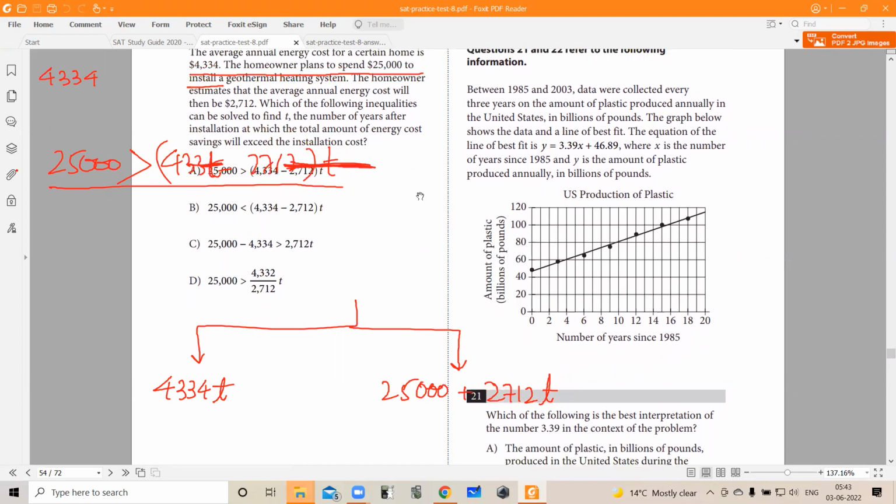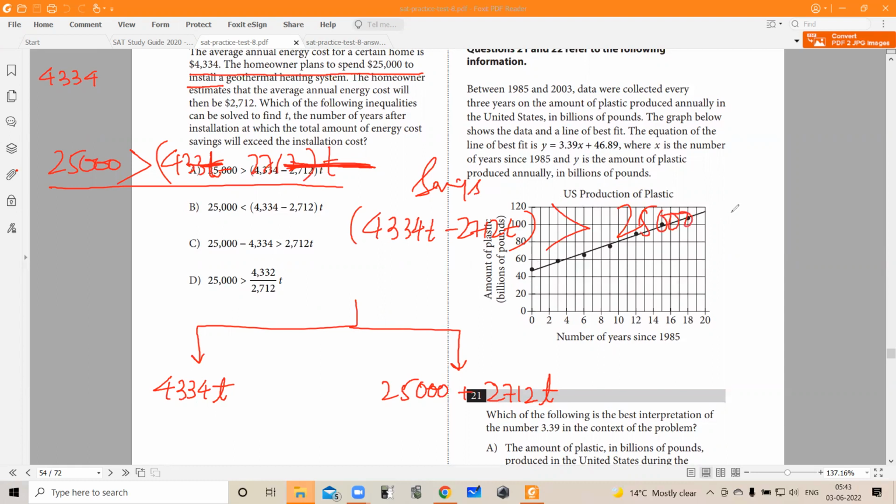Check out the question. Yeah. So 4,334 T minus 2,712 T is the savings which we are making every year. That is exceeding the installation cost. Yeah, that's bigger. Exactly. That is bigger than 25,000. That makes sense.